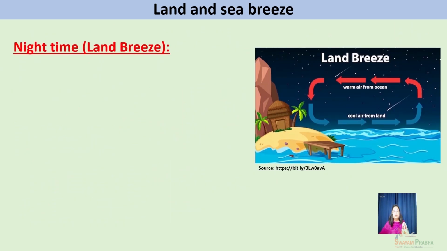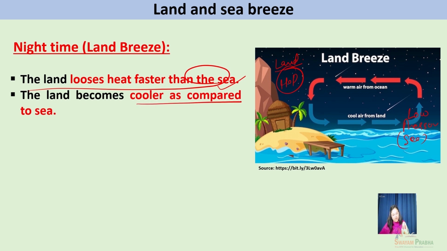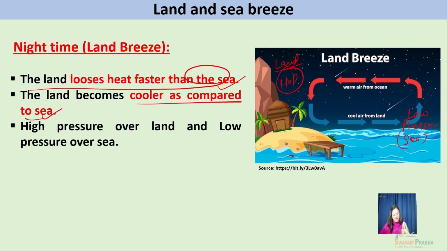Now, contrary to this, during the night time, the land loses heat more rapidly compared to the sea. So you will have high pressure over land, and you will have comparatively low pressure over sea. The land becomes cool as compared to the sea, and high pressure over land exists, whereas low pressure over sea prevails.